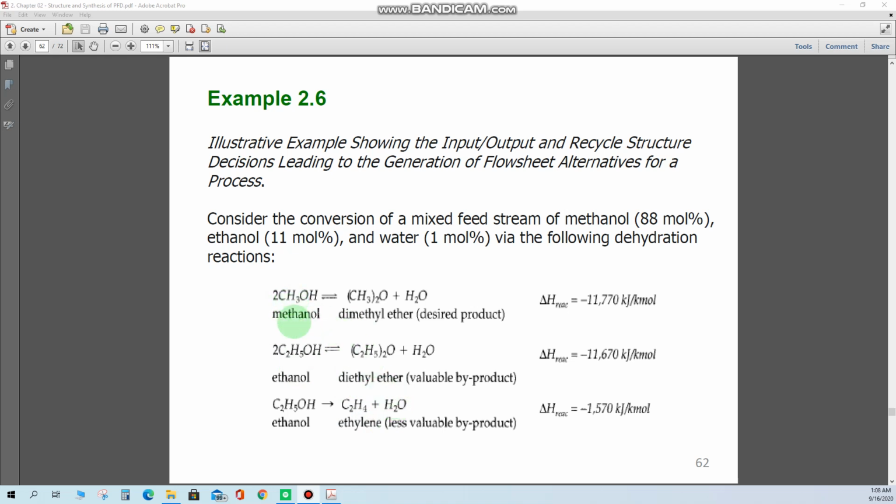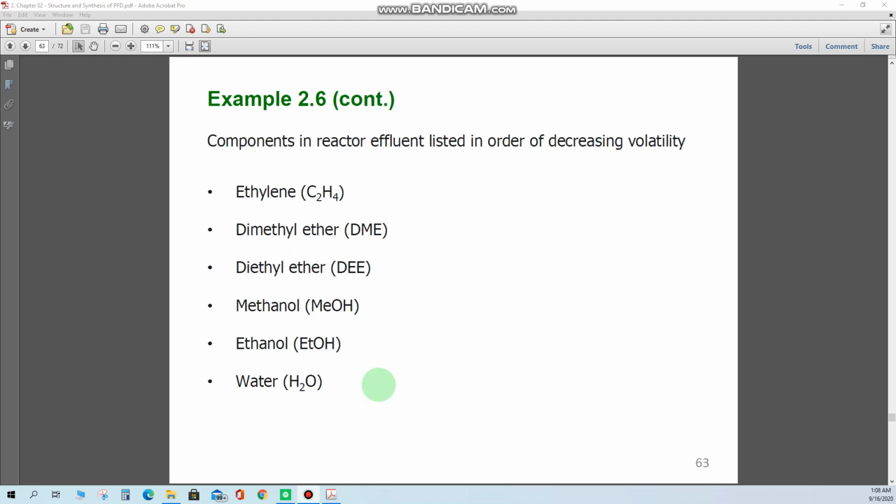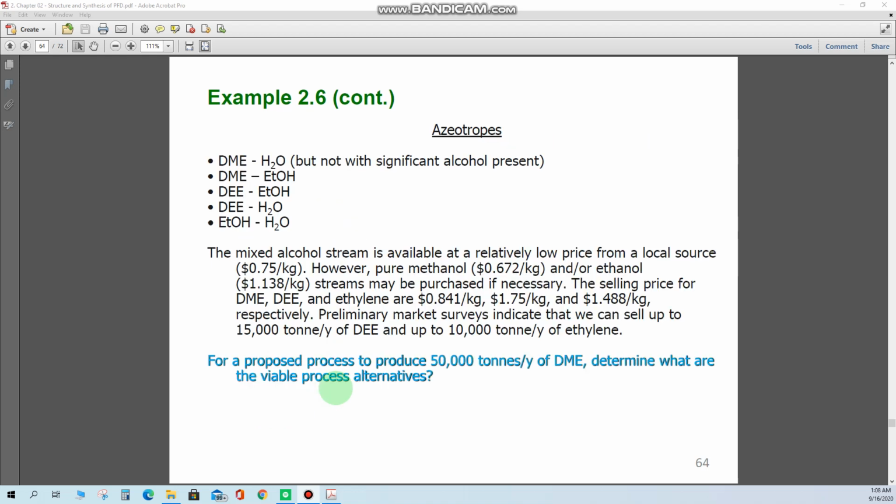So we have 1, 2, 3, 4, 5, and 6 components in this structure. We have listed all of these 6 components here in the order of decreasing volatility. The volatility of ethylene is very high, and if we go down, the volatility of water is low compared to the other chemicals.